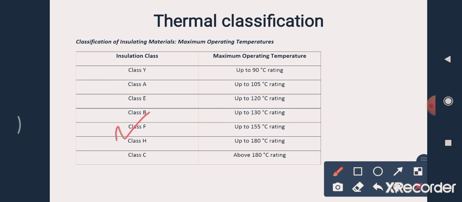Class F insulating material is used up to a 155 degrees Celsius rating.